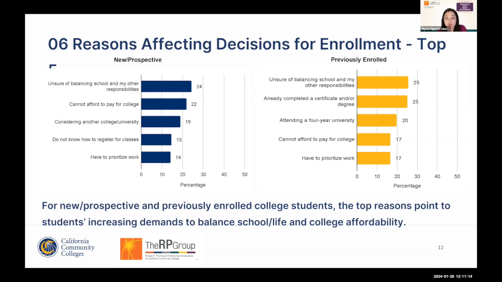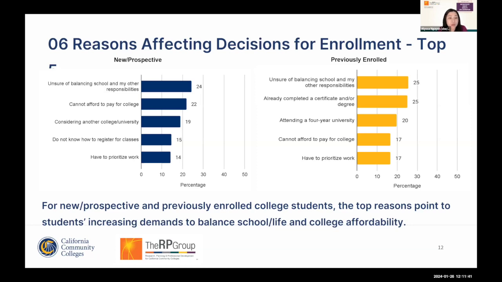So the college affordability concerns, as well as the juggling of multiple responsibilities, is highlighted by a comment that one student shared: "The main factor is juggling schoolwork with my job. Things have been super difficult and hard lately. When I seem to focus too much at school, I end up falling behind on my bills and responsibilities outside of school."